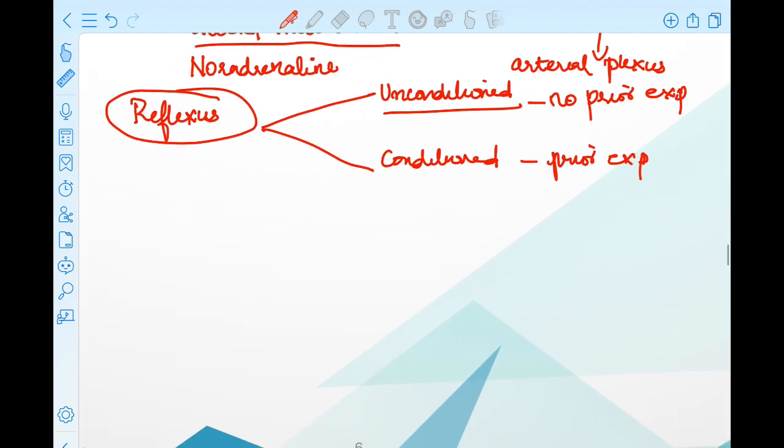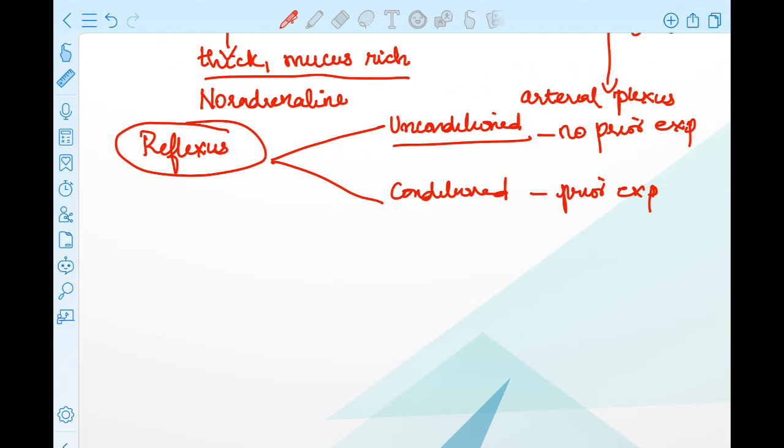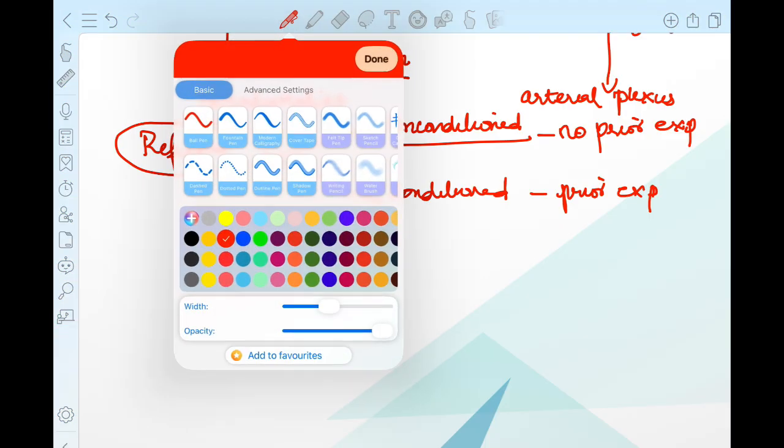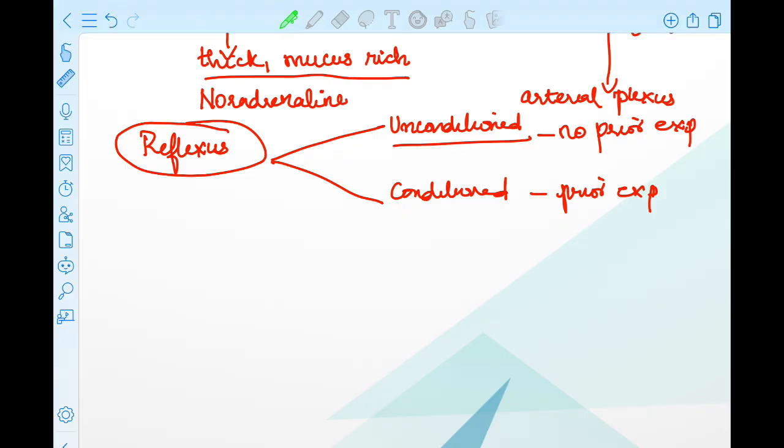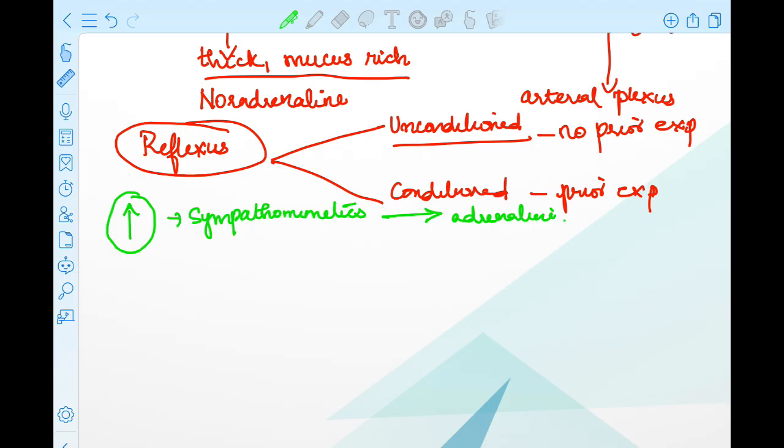And then the secretion of salivary gland also depends upon certain substances. So the substances that increase as well as decrease the salivary secretion are to be taken care of. What are the substances that increase the salivary secretion? We have drugs called sympathomimetics. They are adrenaline and ephedrine.